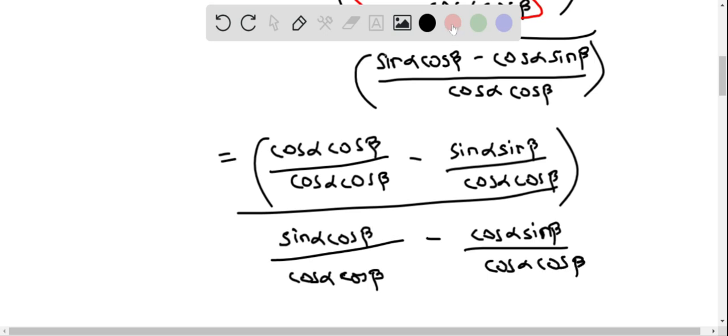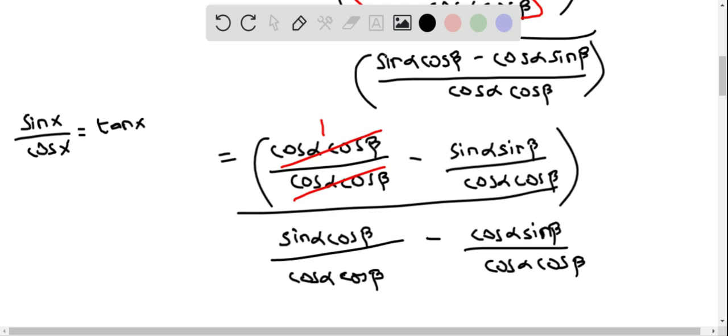Now we can do some cancellations. That is, this one is cosine alpha cosine beta over cosine alpha cosine beta. This equals 1. So I put 1 here. And here we see that we can use the quotient identity: sine x over cosine x equals tangent x.